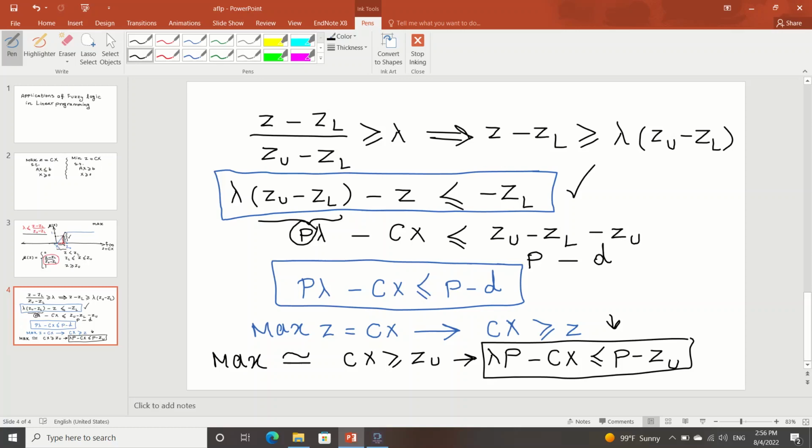Then you can add the P on the right hand side and the lambda P on the left hand side. All these relations are related to the maximize or maximum objective function. Then I must explain the same relations about minimization or minimum objective function.